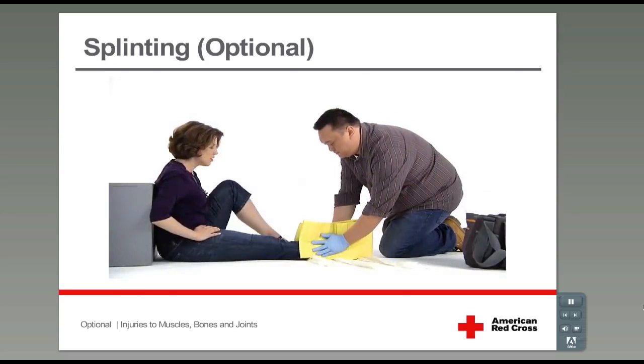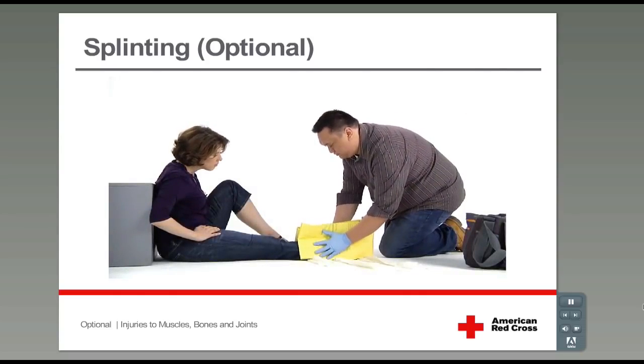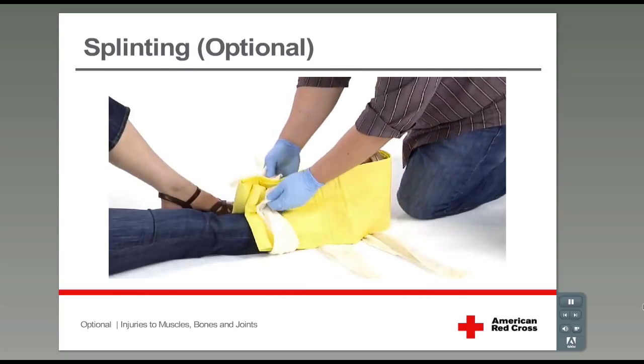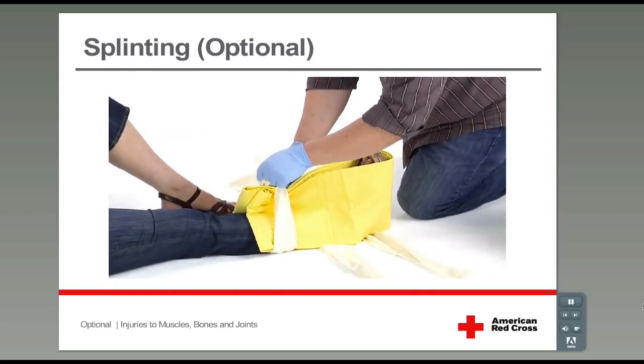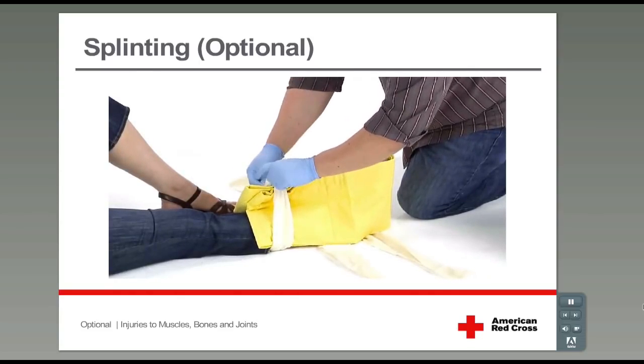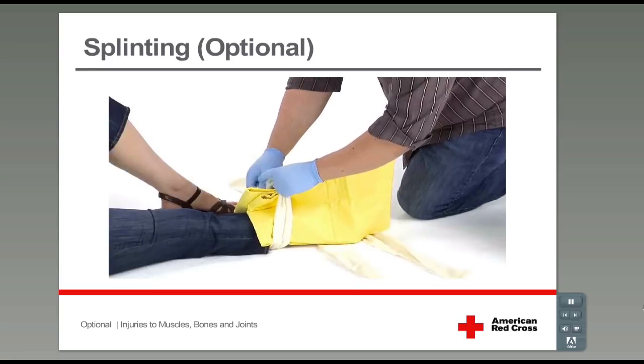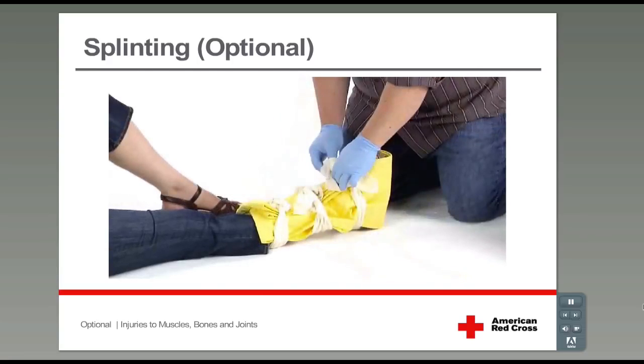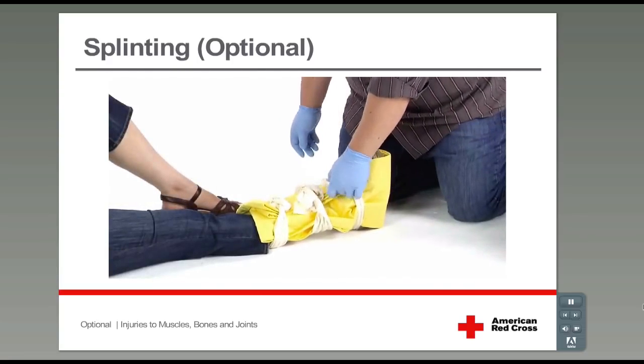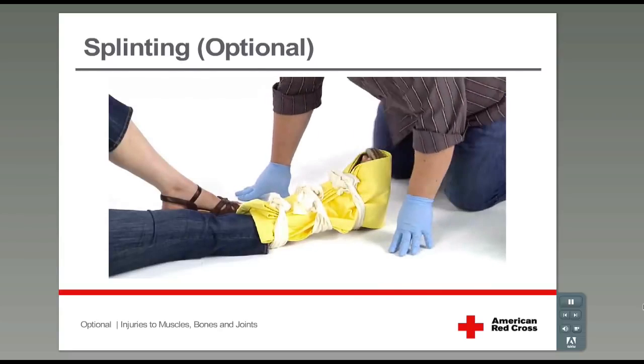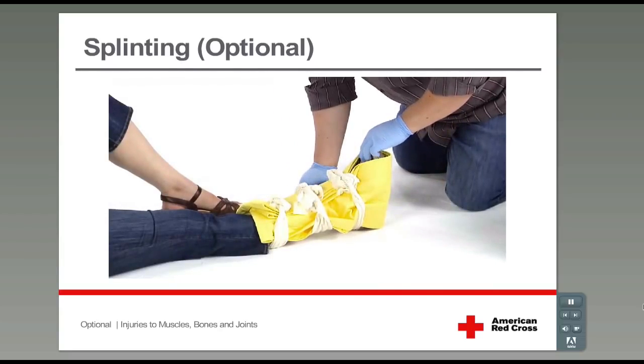Gently wrap a soft blanket or folded towel around the injured body part. Tie triangular bandages gently with knots. Tie the bandage securely. Do not tie the ends directly over the injured area. Recheck beyond the injured area for feeling, warmth, and color to make sure the splint is not too tight.